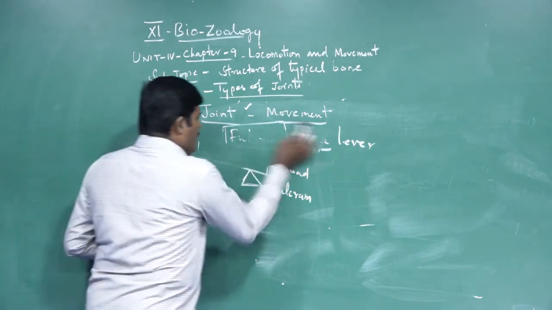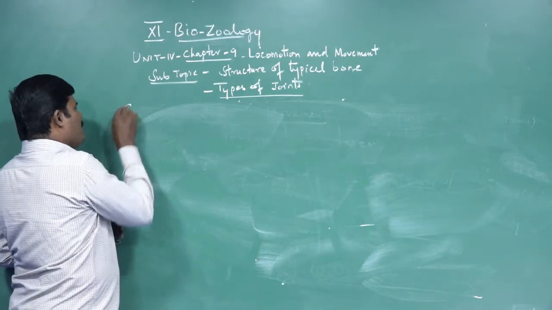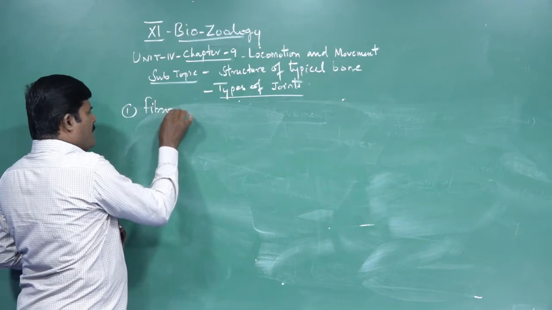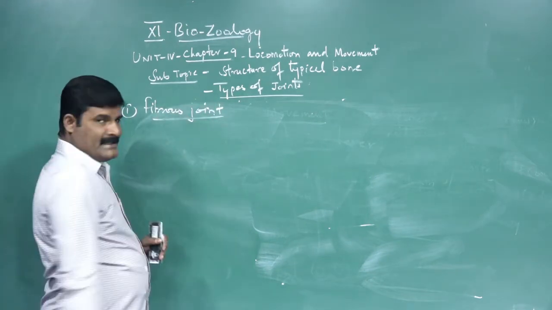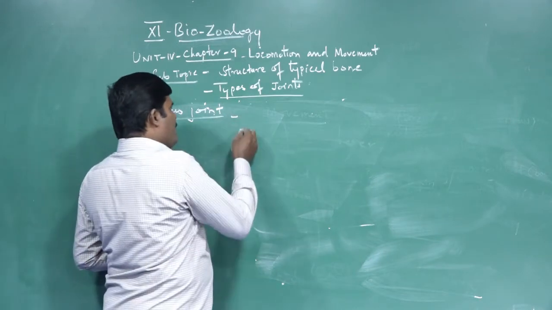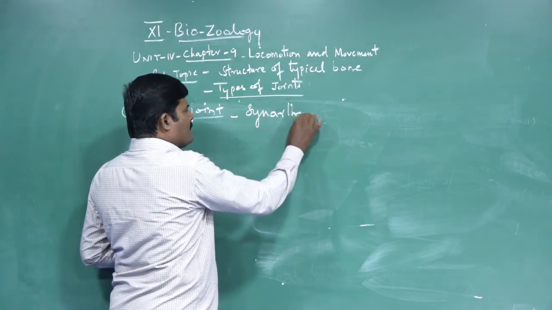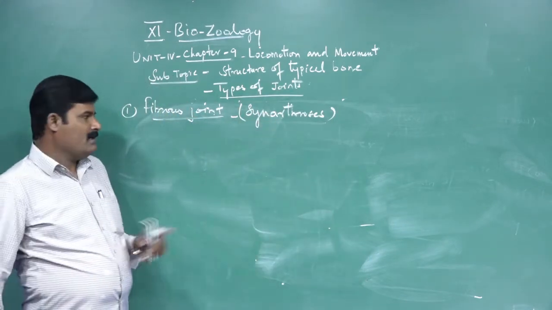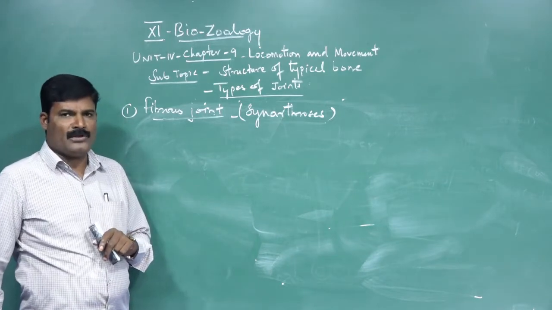Okay. What are the types of joints? There are three types of joints. The first type is the fibrous joint, otherwise called synarthrosis. Listen to the term. Fibrous joint, otherwise called synarthrosis.